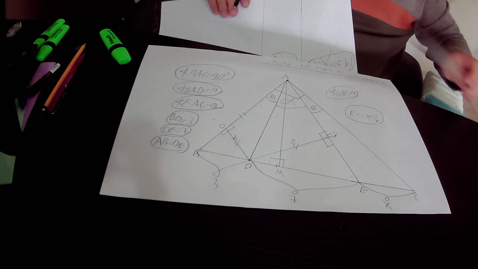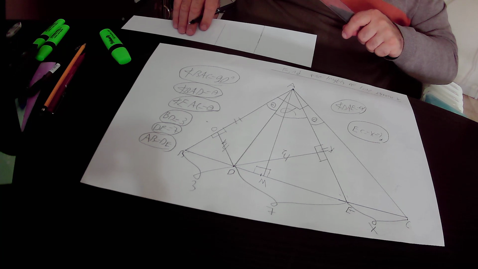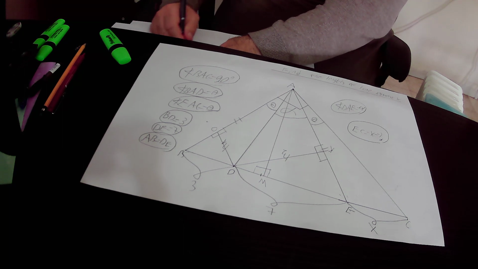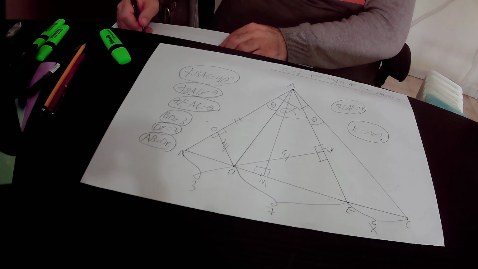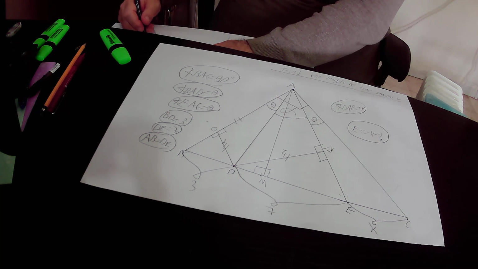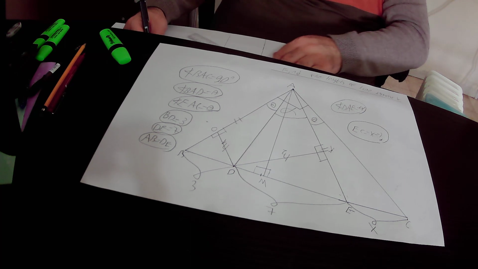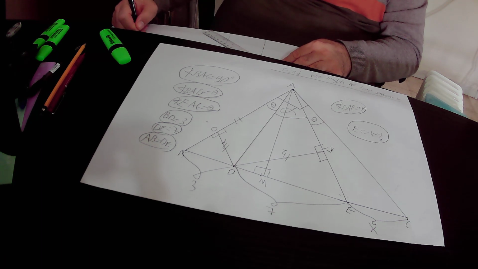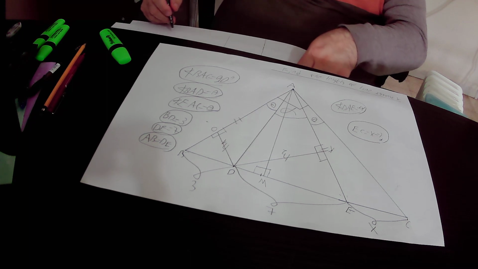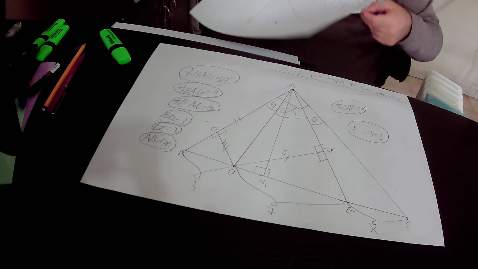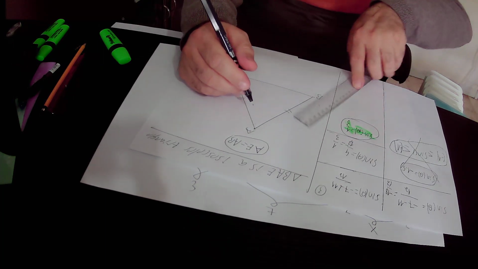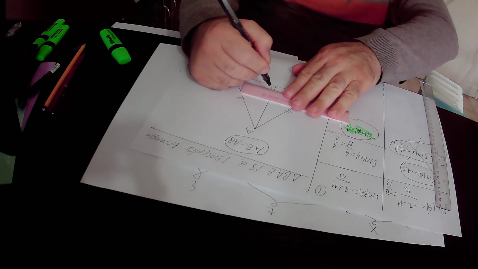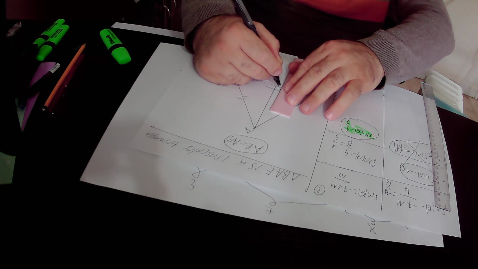So I will draw again the right triangle ABE. So this is the isosceles triangle ABE.